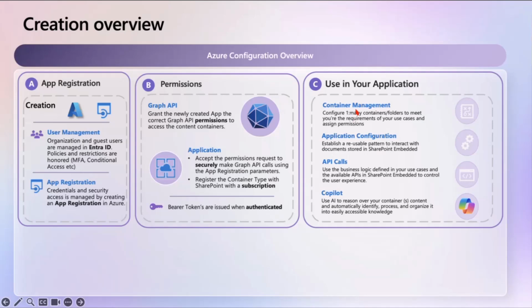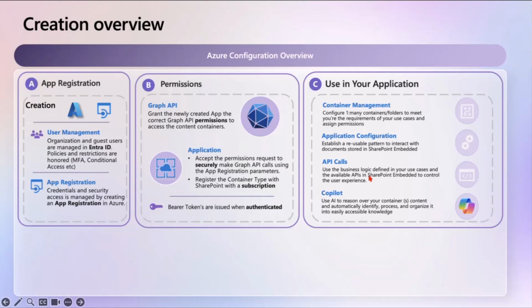Once you have that, you're in the business of managing containers within the SharePoint Embedded environment. Again, that container is where you hold your files. Think of it as a document library, very synonymous with that. But you can have more than 100,000 containers if you need to, each container holding 25 million documents, to support your application.